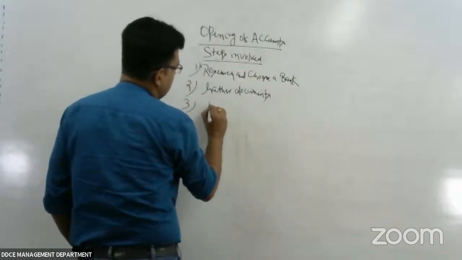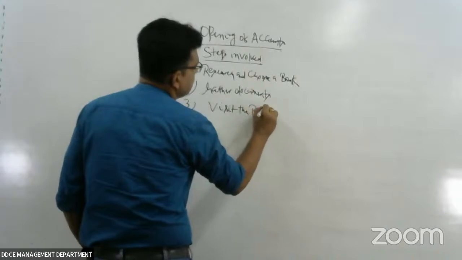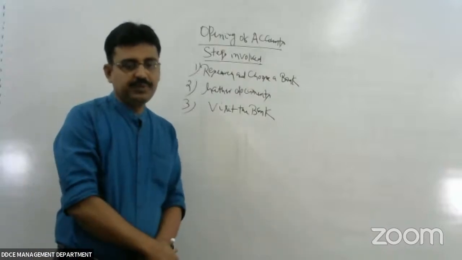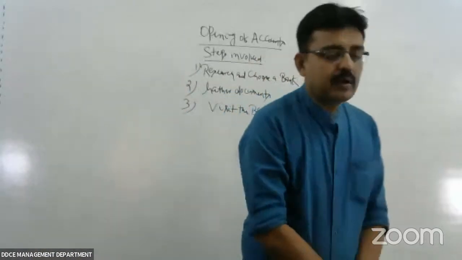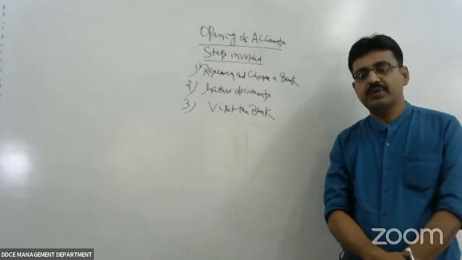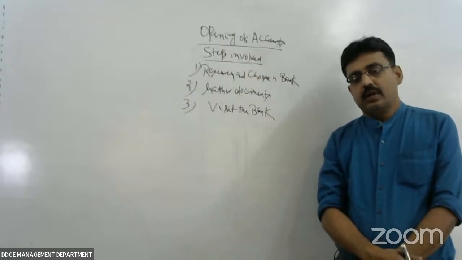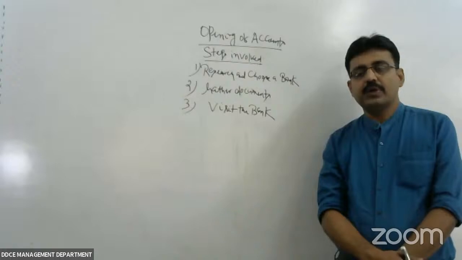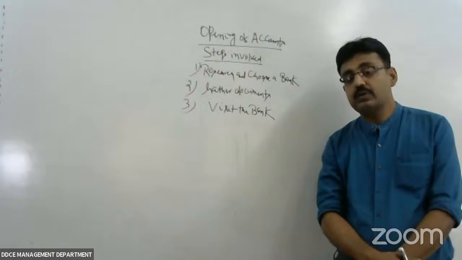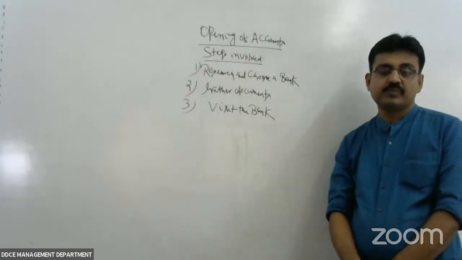After gathering, you need to visit the bank. Earlier, for opening an account, there was supposed to be the physical presence of the customer. Therefore, the prospective customers who wished to open an account with the bank were needed to visit the bank branches nearer to their location.